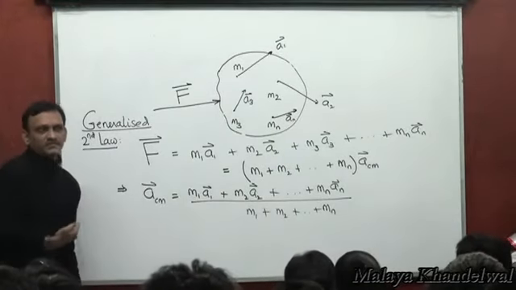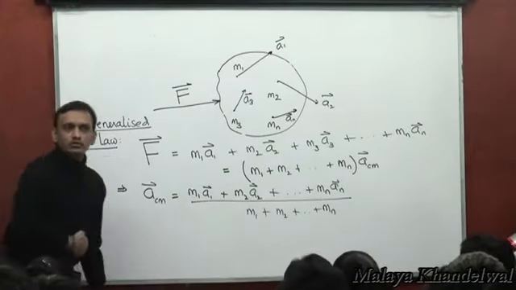So if there is an equivalent particle that is meant to replace this collection, then the acceleration of that center of mass particle would be (m1a1 + m2a2 + ... + mnan) by (m1 + m2 + ... + mn). Now, the position vector of the equivalent particle must be commensurate with this description.